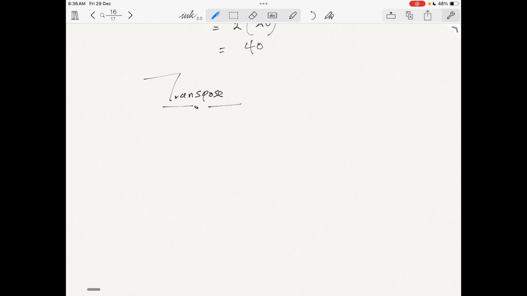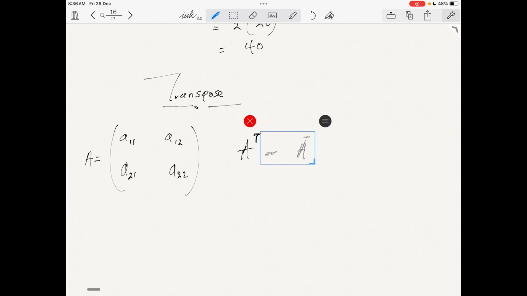So let's take, for instance, a matrix with notation A11, A12, and A21, A22. Let's call it A. Now the transpose of this matrix will be A transpose. The T stands for transpose, and some might write it as A bar, but for easier understanding, we will stick to A transpose.